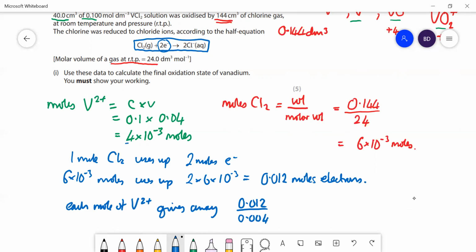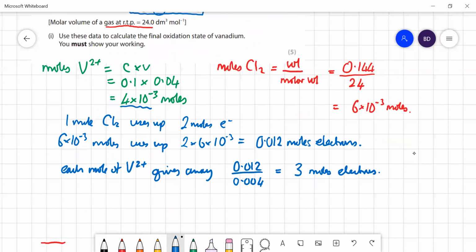We worked that out here. So each mole is giving away 3 moles of electrons.